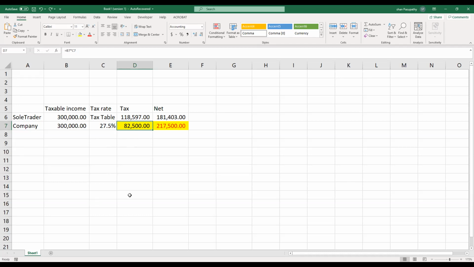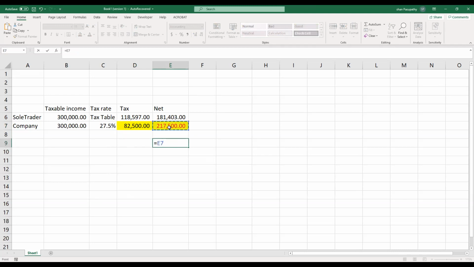Assume that you have 10 shareholders and you equally distribute to all 10. So how much does each one get? 21,750 each. So how much is each shareholder's franking credit? 8,250, because you gave the dividend to 10 shareholders, so the franking credit is also divided by 10.